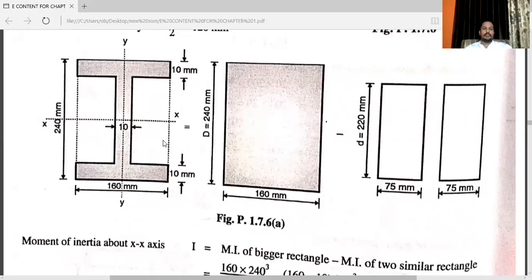So 240 minus 10 minus 10, the distance will be 220. And here the total distance is 160 mm. So from the vertical center line, this distance will be 80.